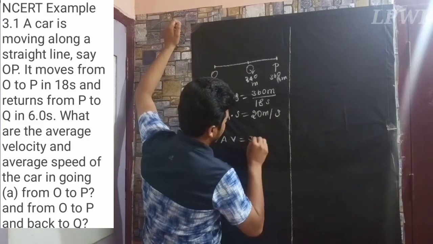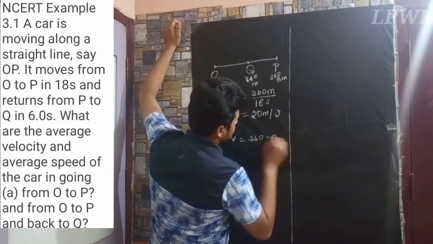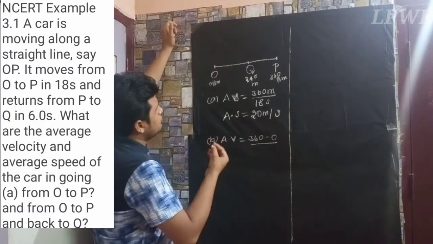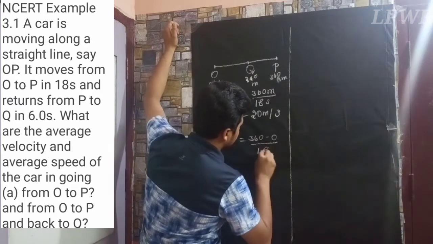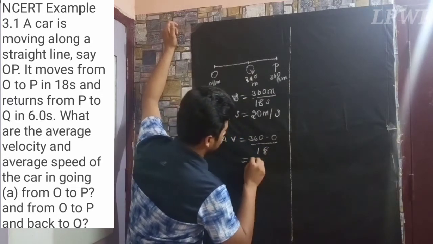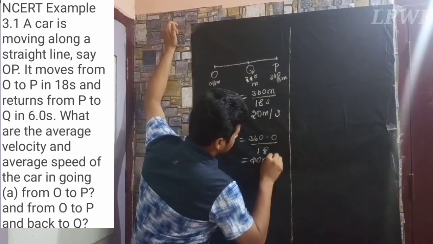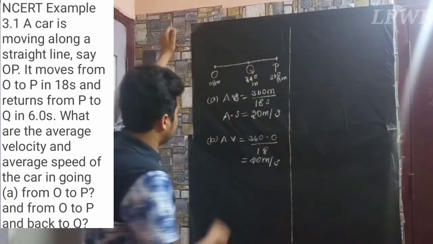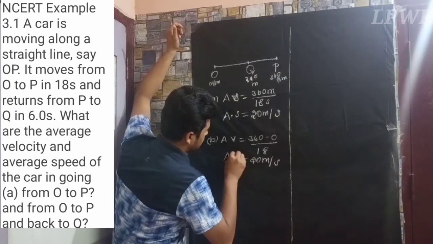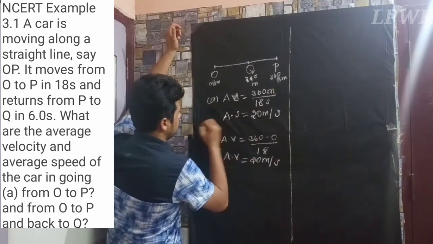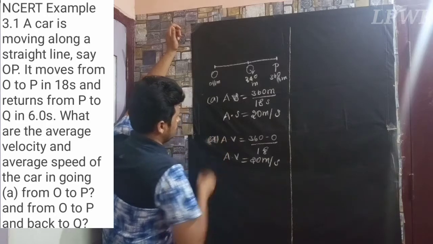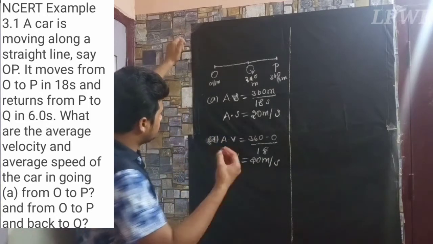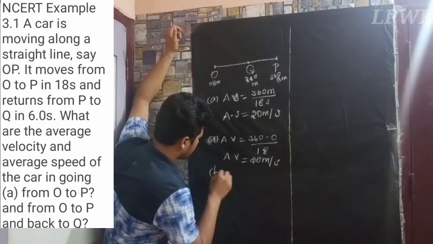So 360 minus 0 by, so time will be same, the 18 seconds. So the answer will be 20 meter per second. Okay, average speed. Now we can move on to option B.